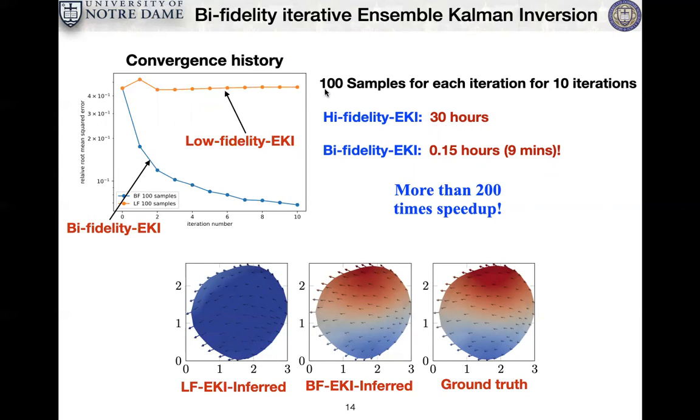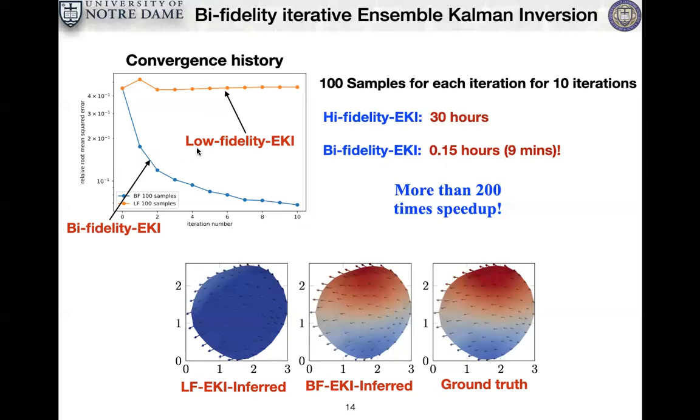We have a sample size of 100 and a total of 10 iterations, and it will take 30 hours for the high fidelity ensemble Kalman inversion method to execute. But for the bifidelity model, it only costs 0.15 hours, which is a very significant improvement. And in terms of accuracy, the bifidelity model gives a very accurate prediction of the posterior distribution after only 10 iteration steps.